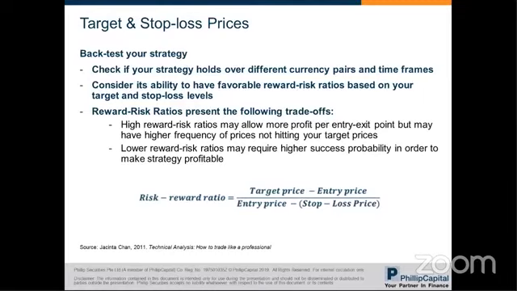For example, if my entry price is about $1, I set my target price to be $2, and the stop loss price to be 50 cents. In this case, my risk reward ratio would be $1 on top and about 50 cents below, so that would be 2:1.